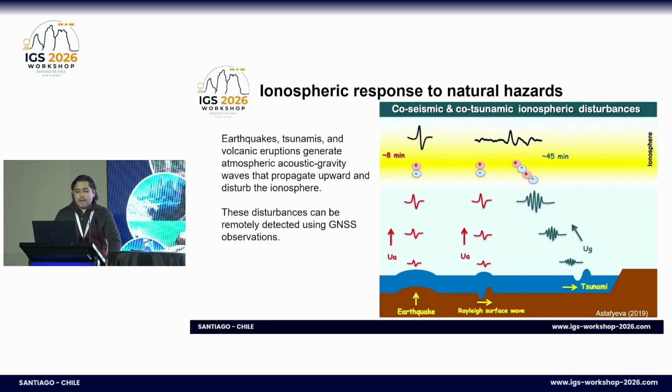Earthquake, tsunami, and volcanic eruption generate atmospheric acoustic gravity waves that propagate upward and disturb the ionosphere. The disturbance can be remotely detected using GNSS observation. You can observe the co-seismic, co-tsunamic ionospheric disturbance.